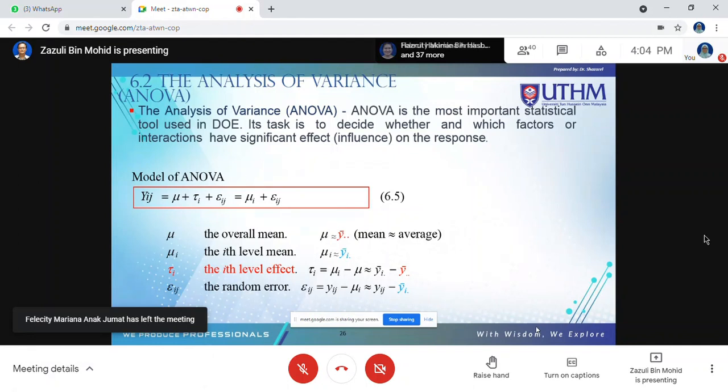So the formula looks complicated, but once you go through this slide one by one and understand it, I think you will realize that the calculation is not complicated at all. But when you want to solve a problem using ANOVA, the work that you have to do to get the conclusions is a bit long, because you have to calculate a lot of values here.